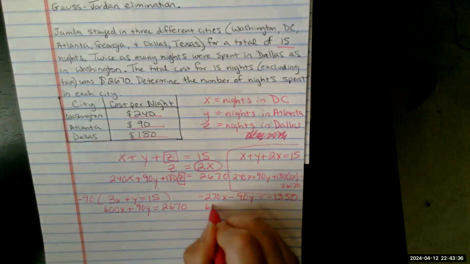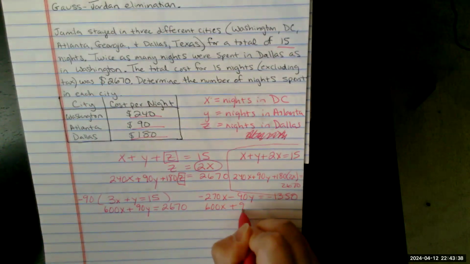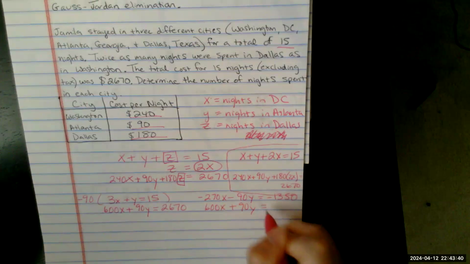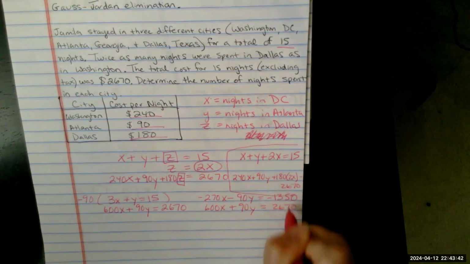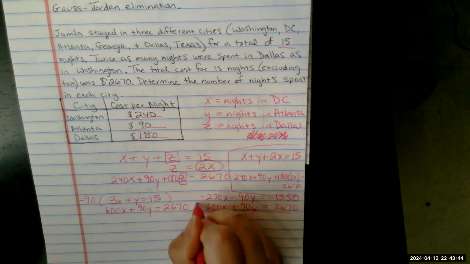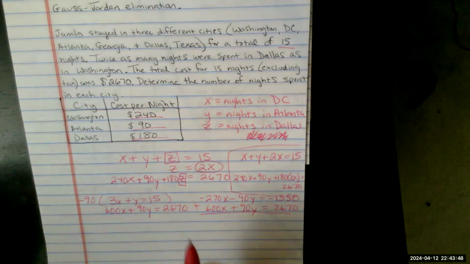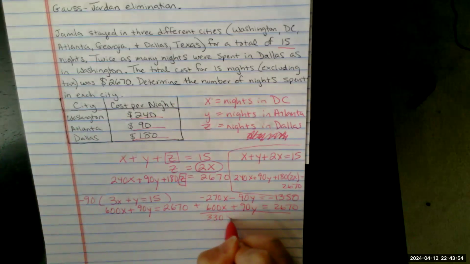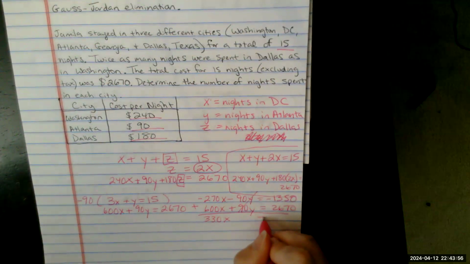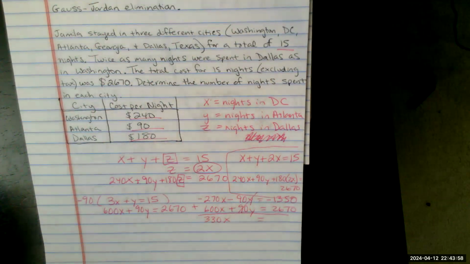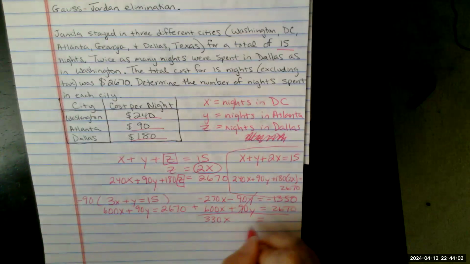The next line can stay as is, because now we have opposite numbers there. And so now we're going to add. We get 330x, the y's are gone, equals 1320.